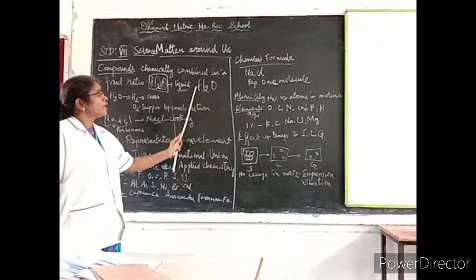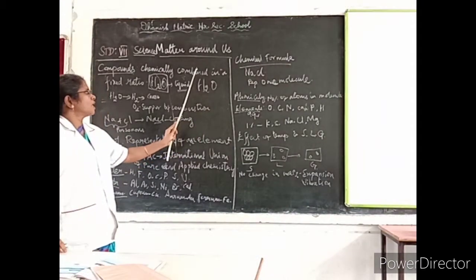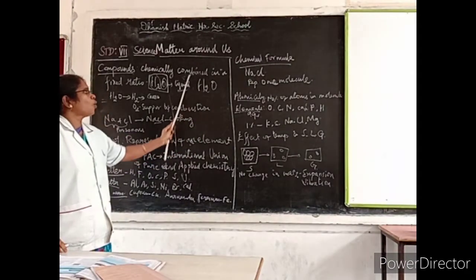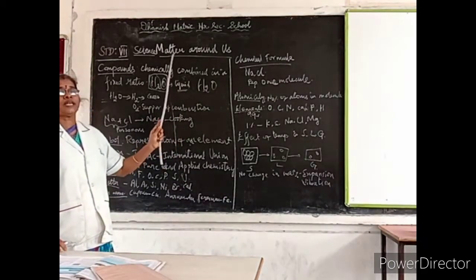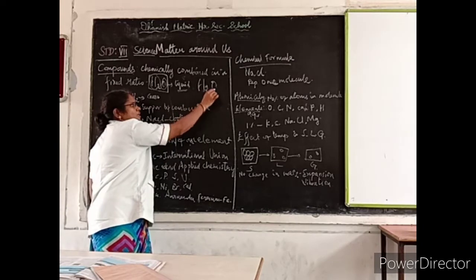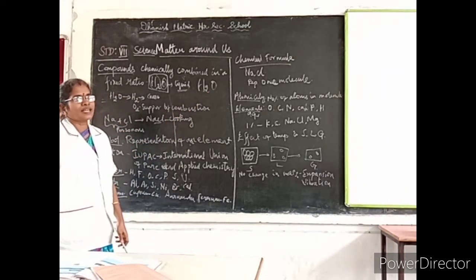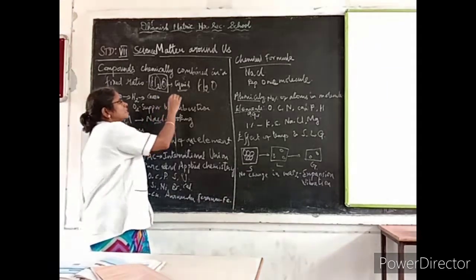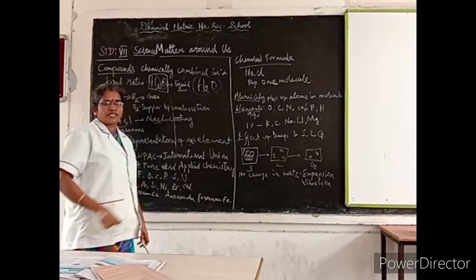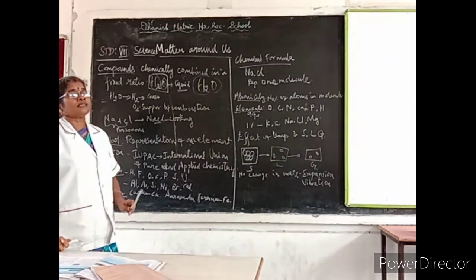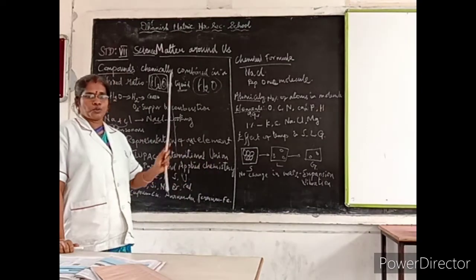But two atoms of hydrogen and one atom of oxygen combine to form water, which is in a liquid state. So the constituent elements, hydrogen and oxygen, are both in gaseous state, but after chemically combining, it exists as a liquid. So the properties of a compound are different from those of the constituent elements.